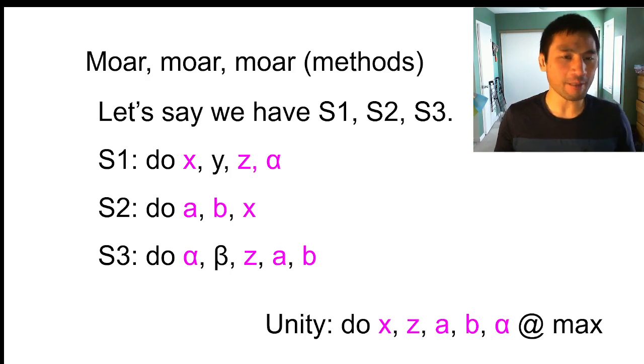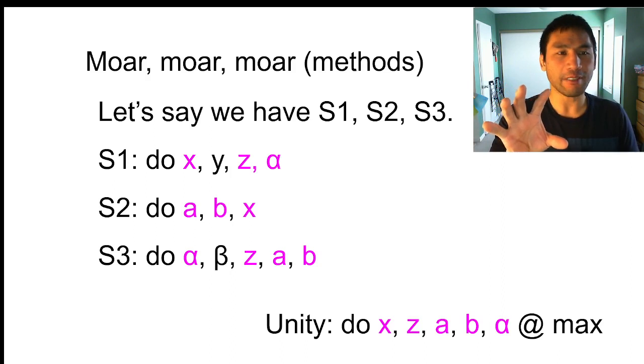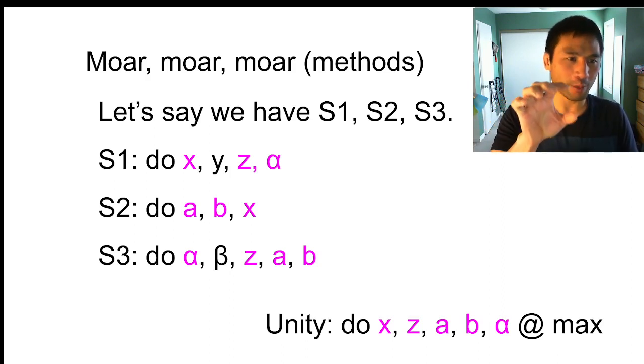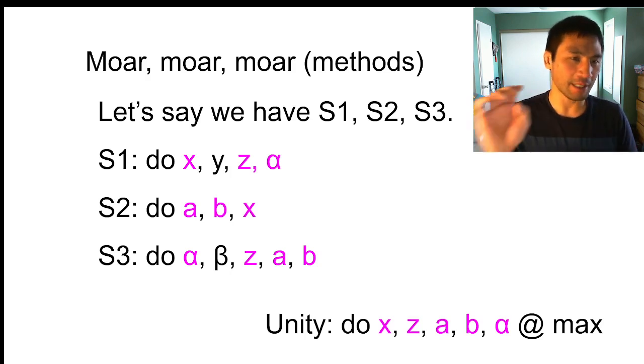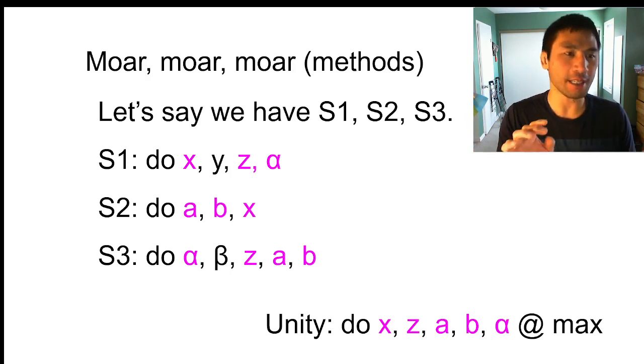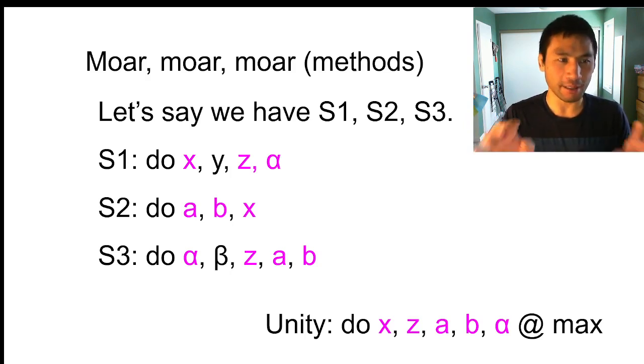And so let's say we have analyses S1, S2, and S3. So S1 is going to say, I really care about X, Y, Z, and alpha. I've abstracted it a lot, but one of the ways I've abstracted it is we might say X has 3 object sensitive and Z has 1 type or whatever. But for the purpose of this example, we're just going to say S1 says X, Y, Z, alpha.